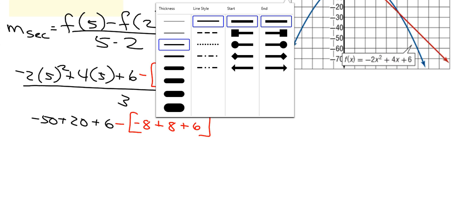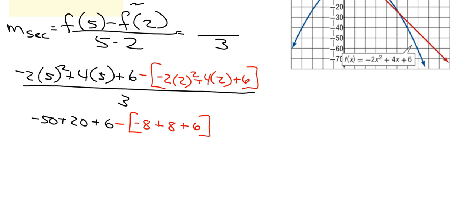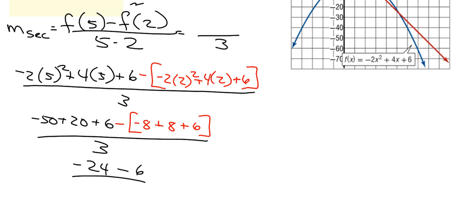And I've got to quit changing colors because then I keep having to do that. So negative 50 plus 20 is what? Negative 30. Plus 6 is negative 24. Okay, so I've got negative 24 minus, and then these cancel, minus 6 over 3. And so I have negative 30 over 3 or negative 10.